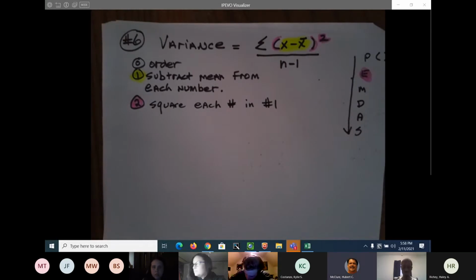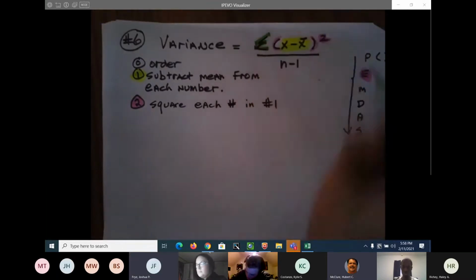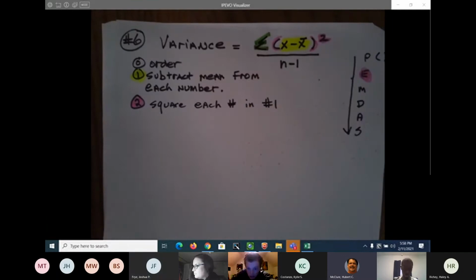And what's the final thing that we're going to do in the numerator? What's left? What has not been highlighted? The funky looking E. And that is called capital sigma.